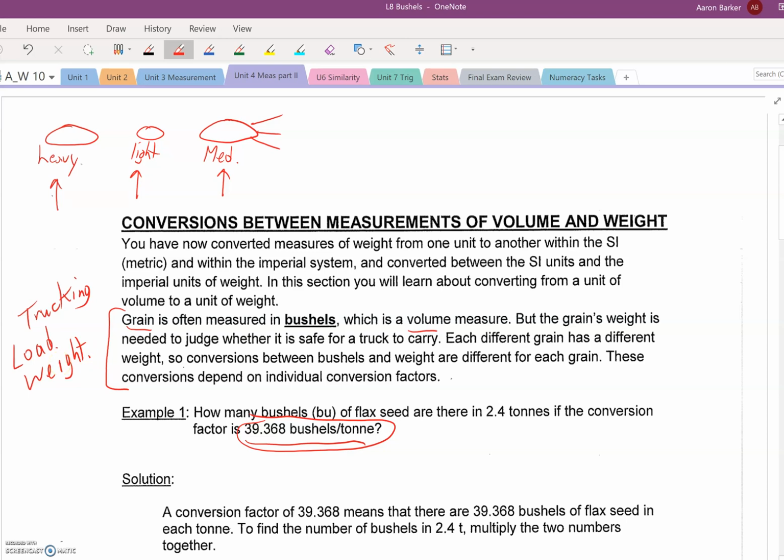Because if it's too heavy, it's dangerous and it's illegal. So you have to make sure you can transport the weight based on the weight maximum of the truck. That's why we're doing this. Each grain is a different weight, so you're going to have a conversion factor between bushels and weight that's going to be given to you.